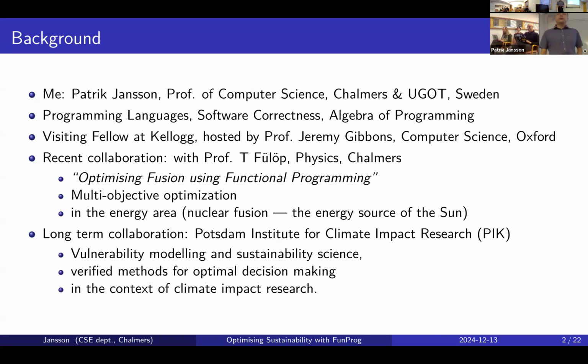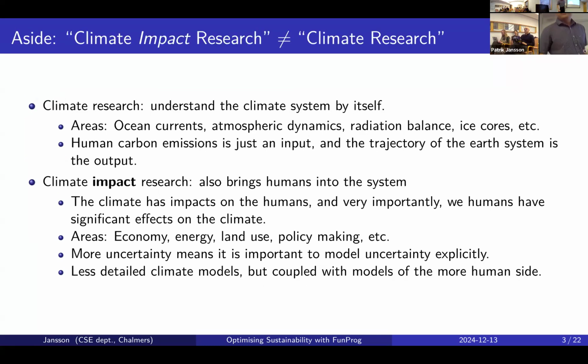I have a longer collaboration going for around 15 years or so with the Potsdam Institute for Climate Impact Research. There has been vulnerability modeling and optimal decision making, lots of it inspired by things in climate impact research. I should expand a little, saying that climate impact research is not the same as, but is closely related to, climate research.